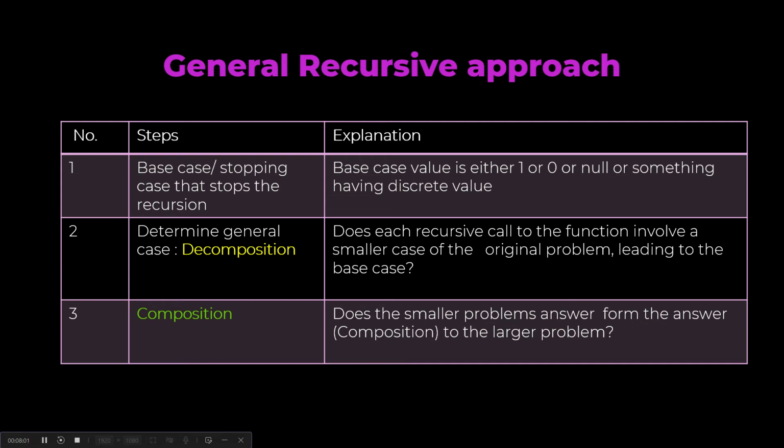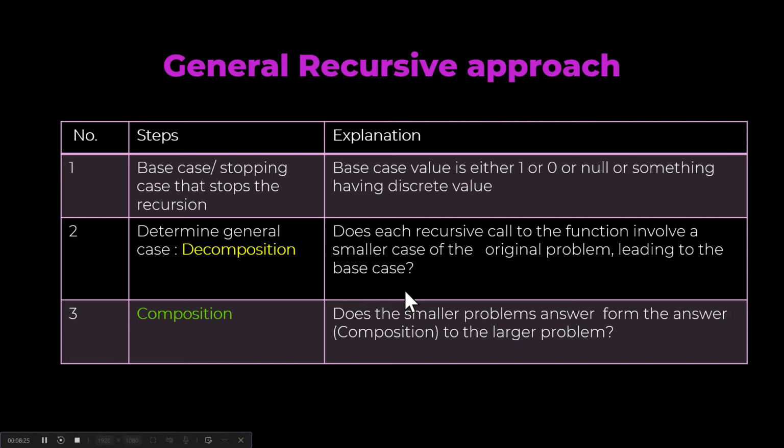So before I go into the recursive approach for this particular problem, first I want to go through this general recursive approach. So regardless of which problem you solve using the recursive approach, it could be either an array, or it could be a linked list or binary tree. Any recursive data structure, you can use these 3 steps.